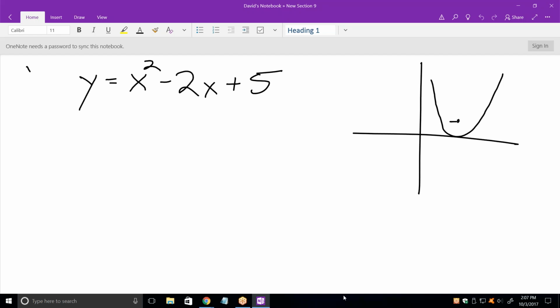And that distance right there is p, the focal distance. It's an extremely important point inside of a parabola. That is where every ray coming into that parabola reflects to that point.